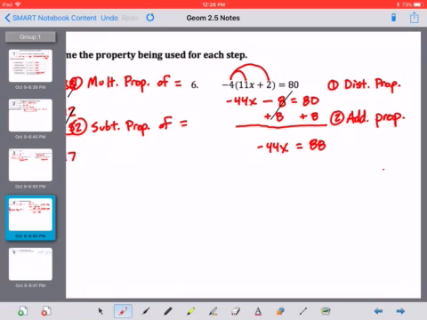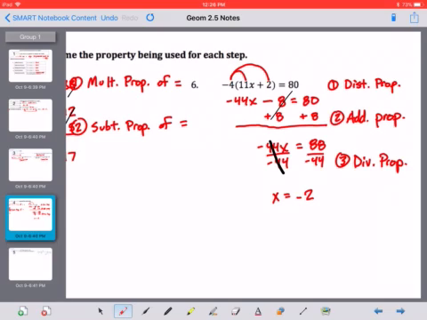Next, to get x by itself, our very last step is to divide both sides by -44 to get these guys to cancel. And we end up with x = -2. So that third and final step was the division property of equality. All right, so pretty straightforward there. You know how to solve equations. If you're not comfortable with it, let me know. I can give you some helpful tips for that.